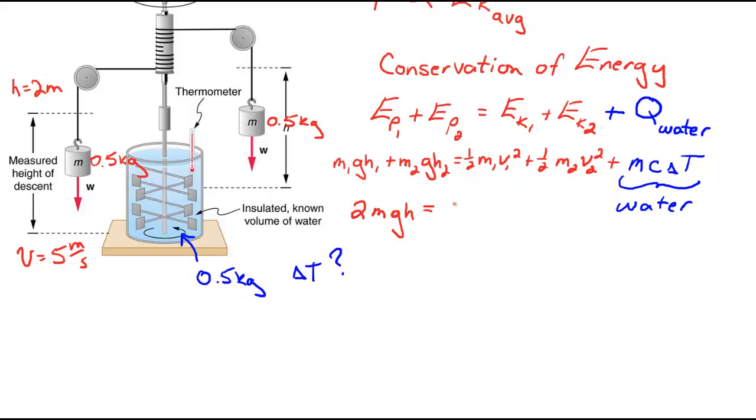And similarly on the right, they each will gain the same final speed and both have the same mass. So at the end, we'll have 2 times 1/2 mv squared plus our thermal energy of the water. Now that makes it much easier to solve.